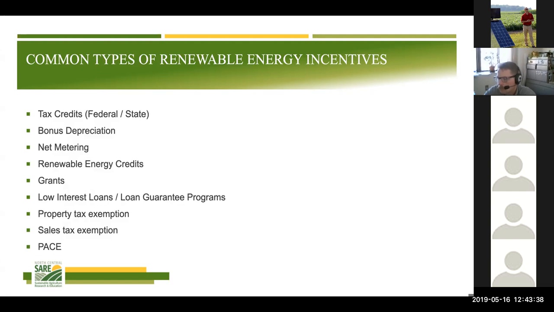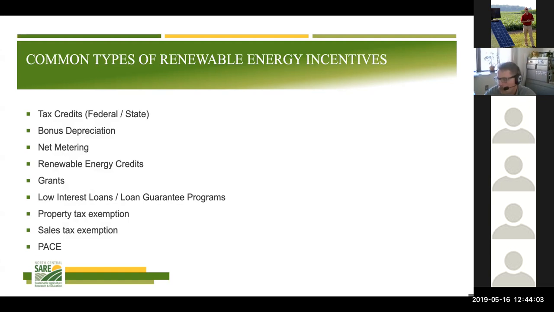But what we're going to do is touch on those common overarching programs that pretty much apply to most projects. And then we're going to show you some tools where you can do some additional research to figure out what other programs might be available for your farmers or your clientele. And this is just listing some of the topics that we're going to discuss today.